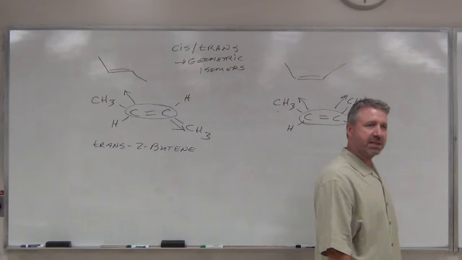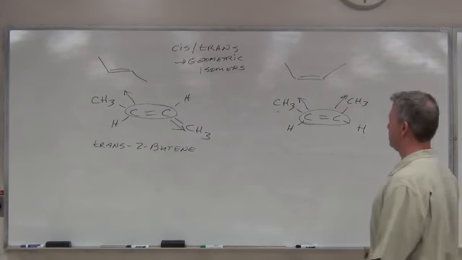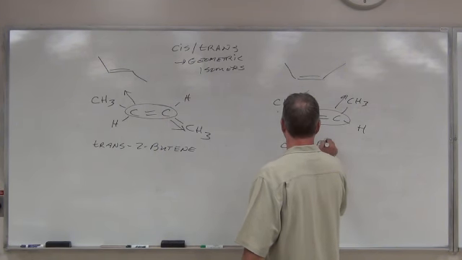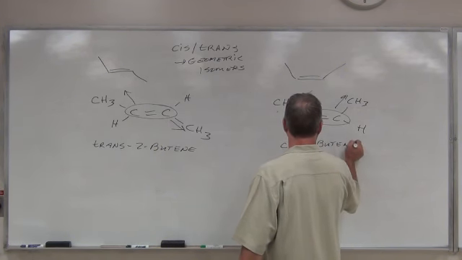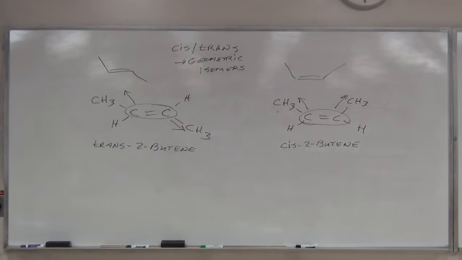They're on the same side. This is cis 2-butene. Cis and trans, geometric isomers.